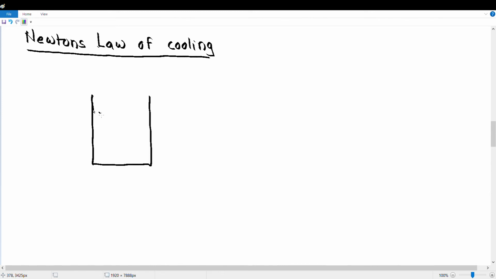Now this calorimeter is filled about two-thirds with hot liquid, suppose water, and suppose the temperature of the hot water is T1 and the temperature of the surrounding is T2 or T0. T2 or T0 is the surrounding temperature.